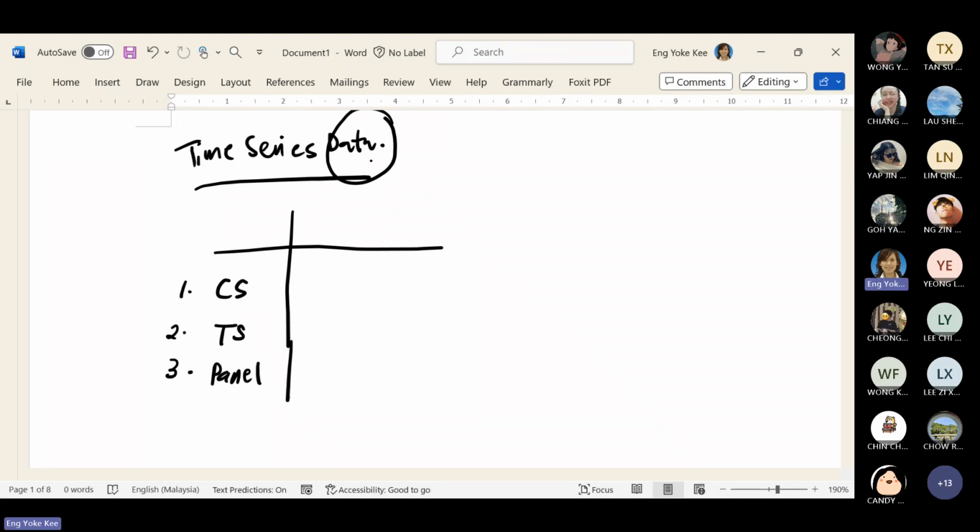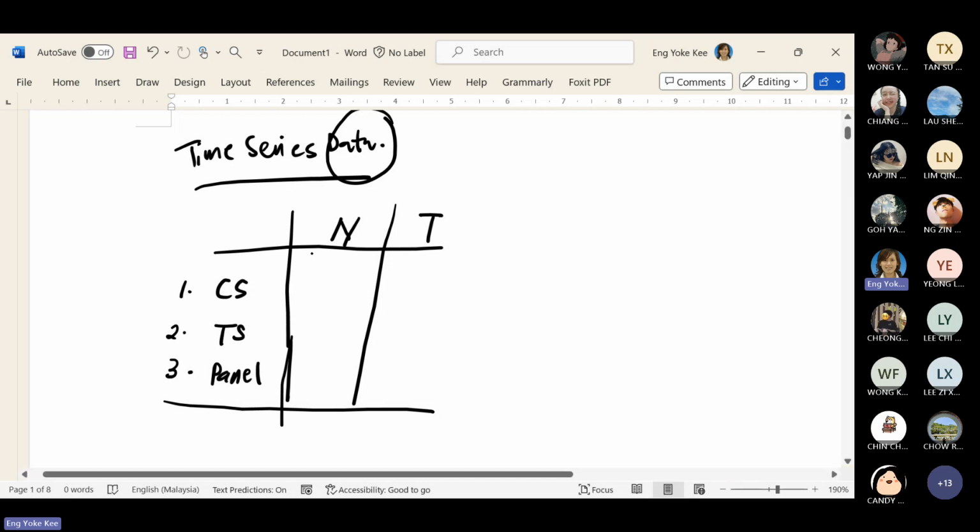They are very informative from two angles. One is your n dimension, one is your t dimension. So for cross-sectional data, it involves many individuals, so you use the notation i, but only one period of time.